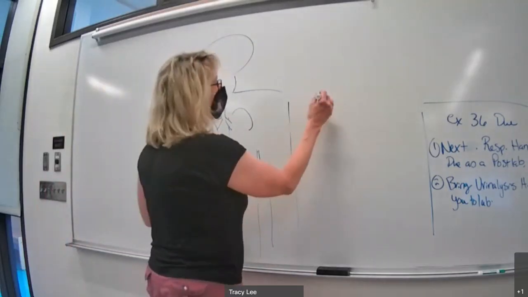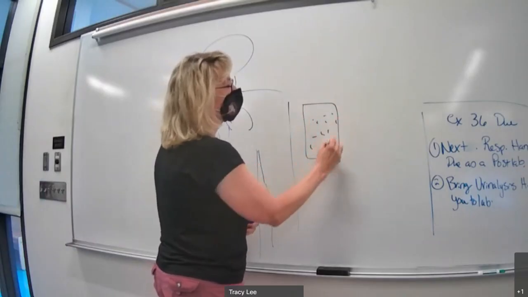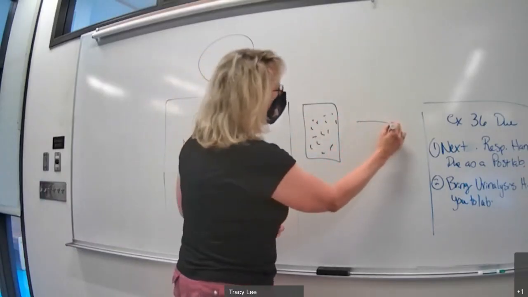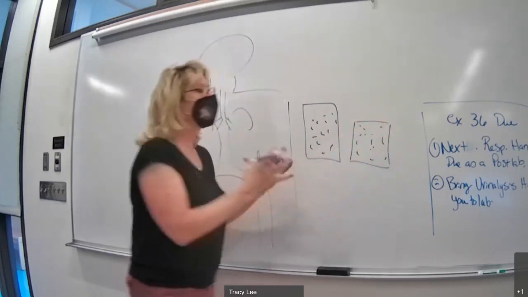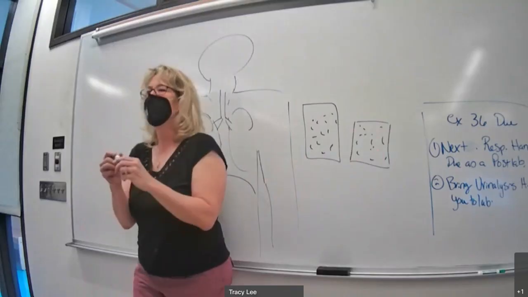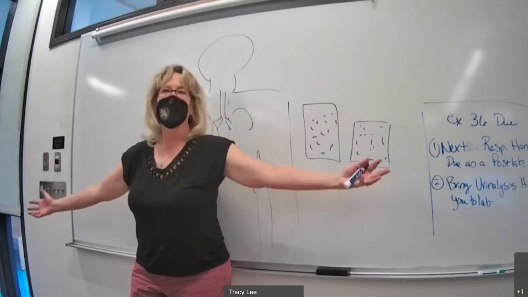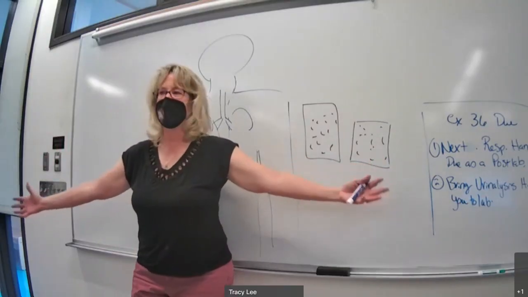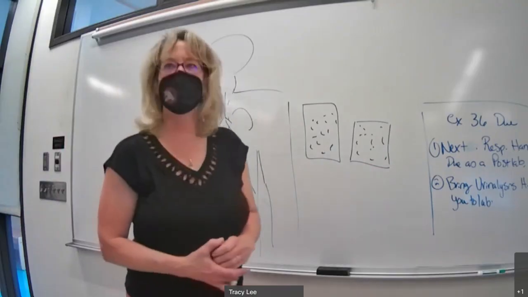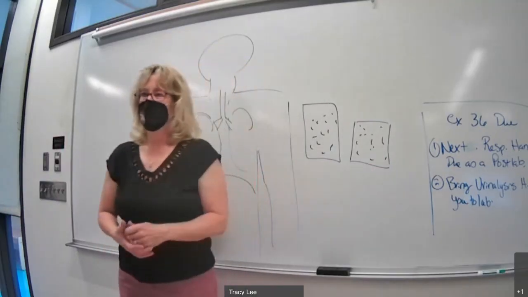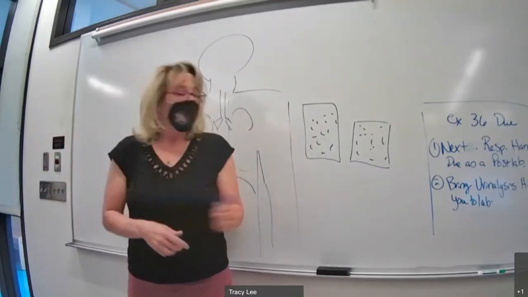So if I take a container, say this is my container and I have this many particles, and now I change the size of this same container and I put my particles into a smaller container, what's going to happen to my particles? I take 50 people in a 100-foot hall, and now I take that same 50 people and I put them in a 50-foot space. What's going to happen? They're going to get closer and they're going to bump into each other and have to move apart.